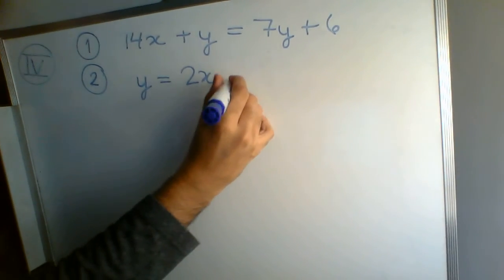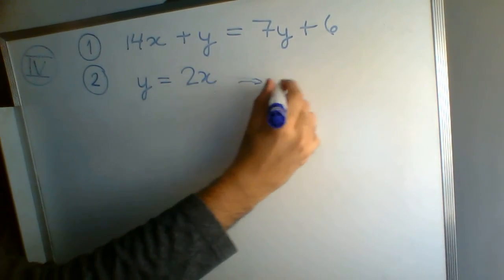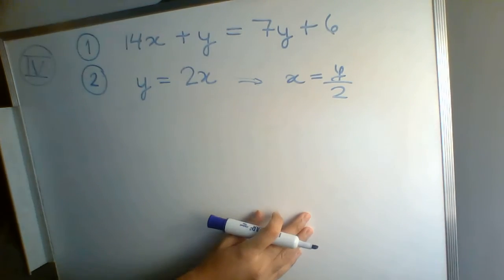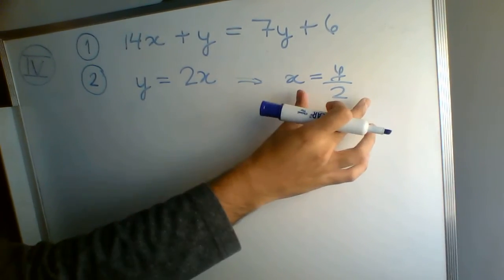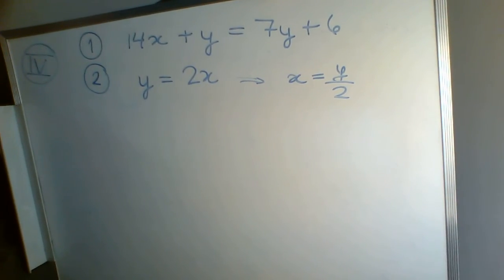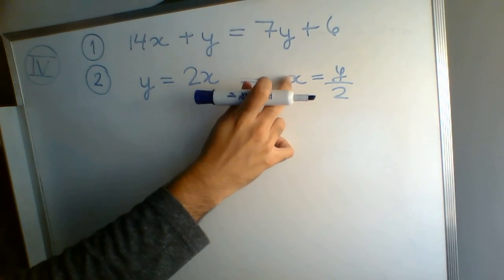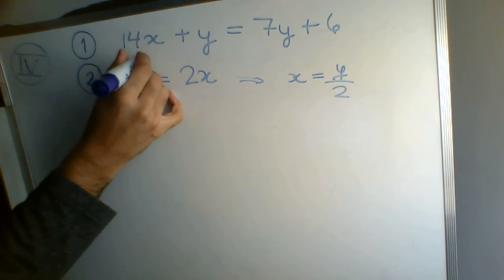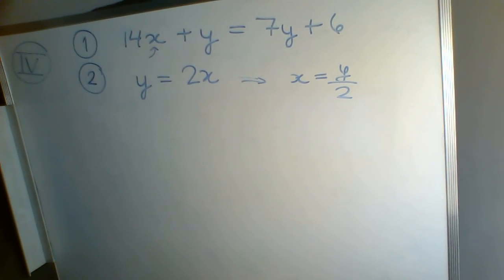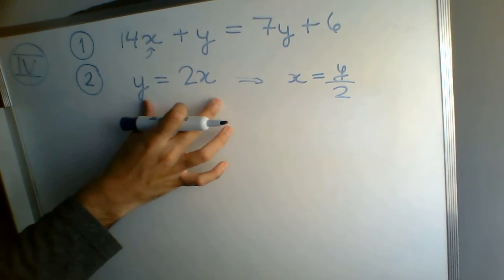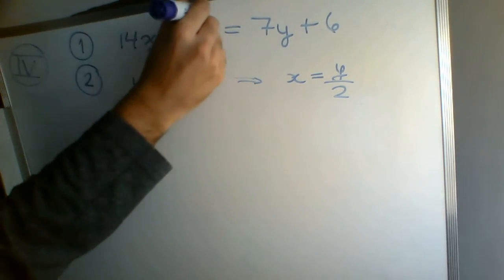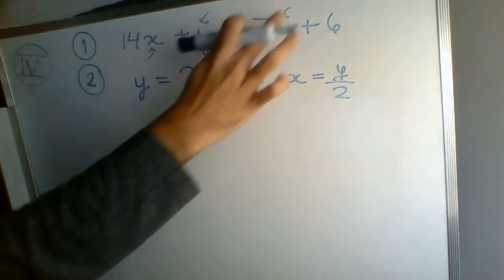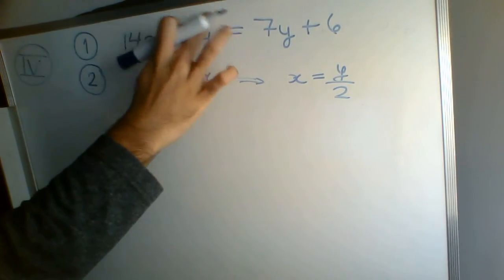This is the same as x is equal to y divided by 2. Equation 2 is conveying the same information, but now that you've solved for x so that you've got x all alone, there is only one place in equation 1 that you have to sub that in. But if we keep it the original way, then we have to sub that in in two different places, for y on the left side and y on the right side.